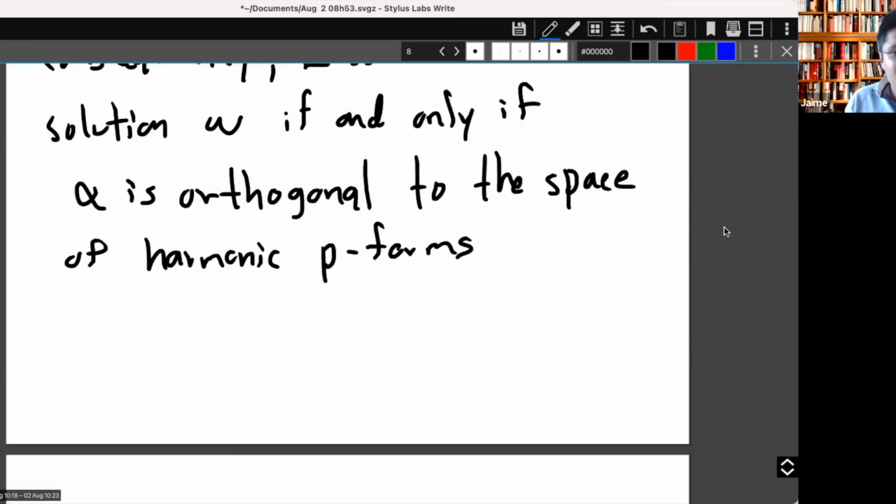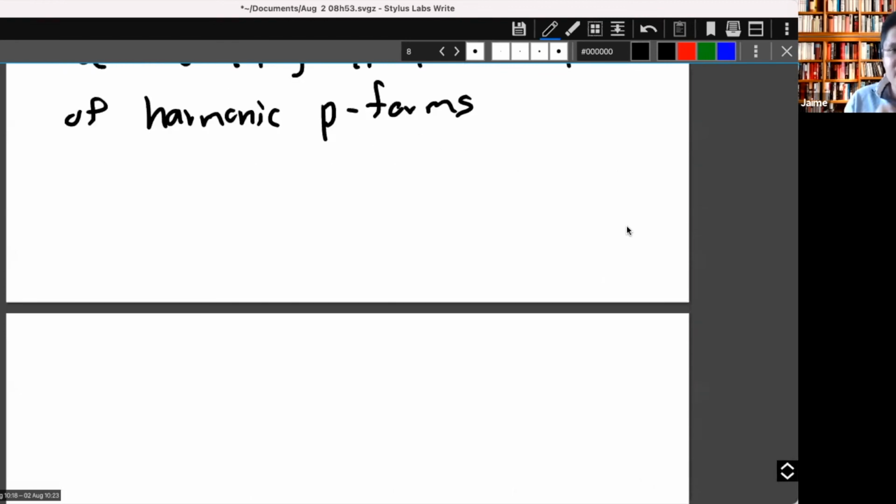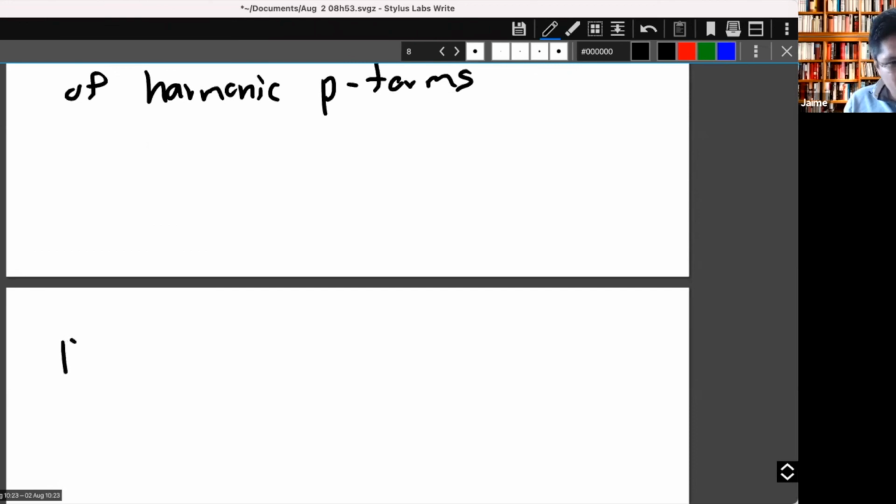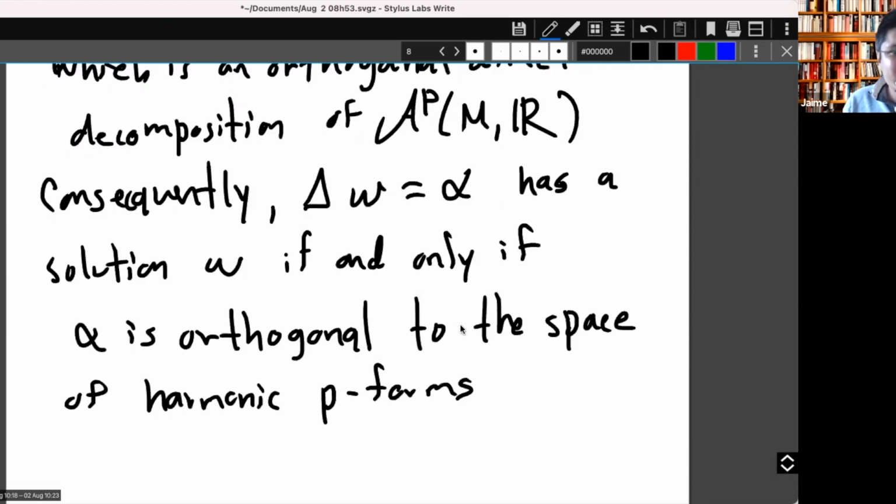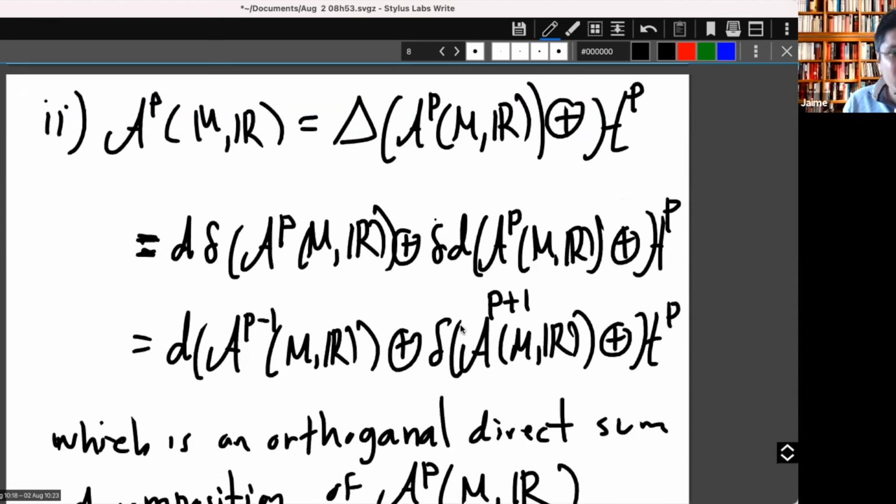So they already know this, but in that special case, it is a statement in linear algebra, okay? So for us, what we can get as a consequence is the following theorem, well, actually, I want to say something about the Hodge theorem.